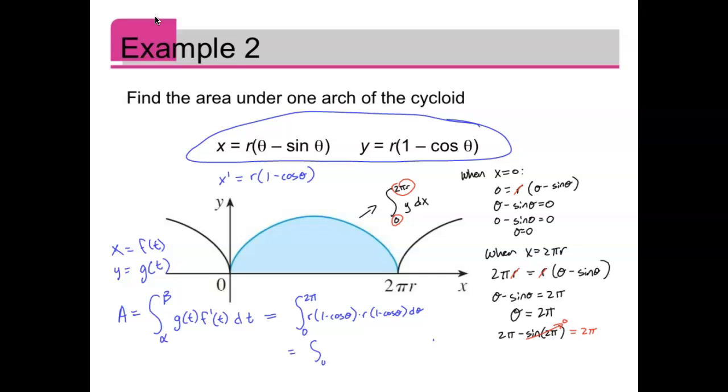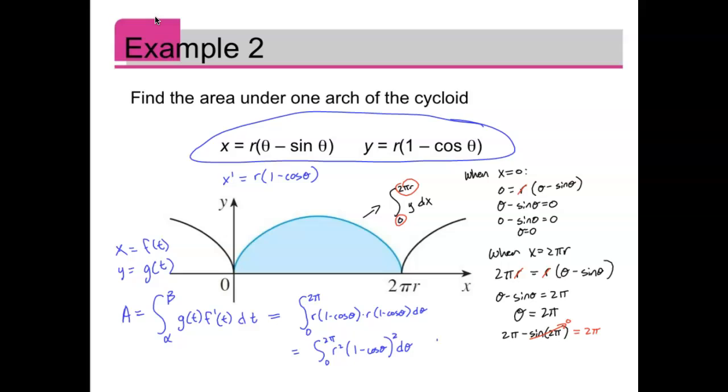So we have the integral from 0 to 2 pi of r squared times 1 minus cosine theta quantity squared d theta. Okay, r squared is a constant. So that can come out.